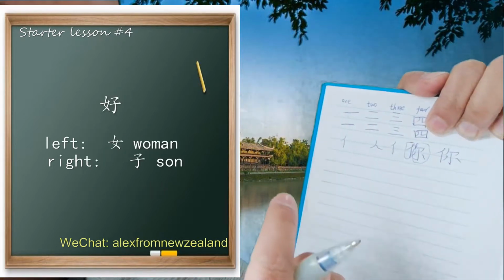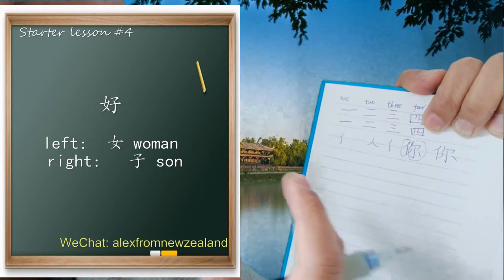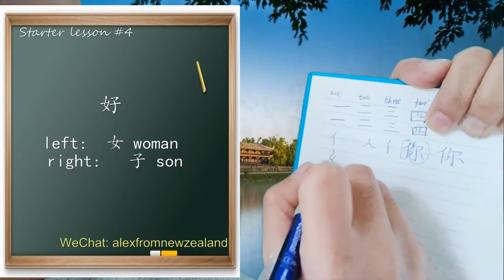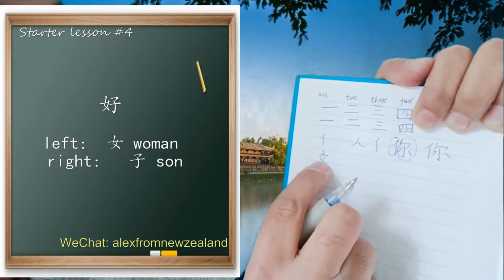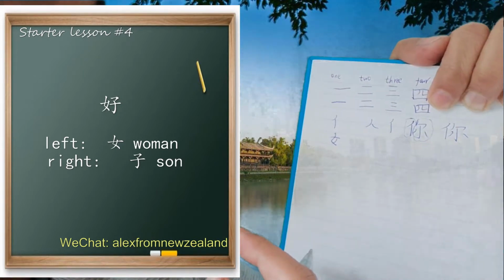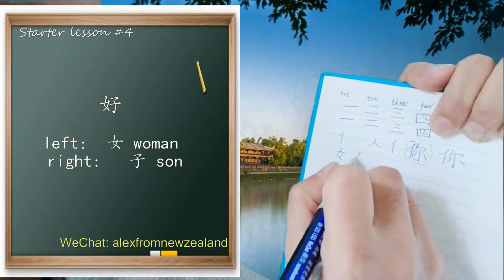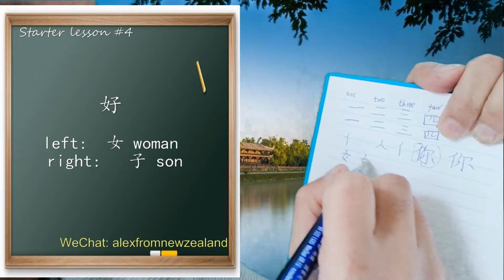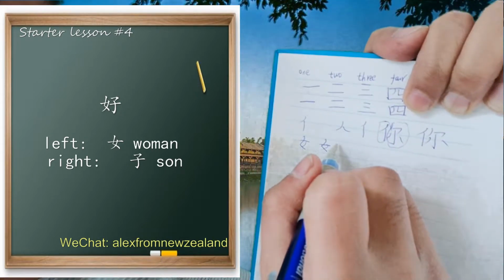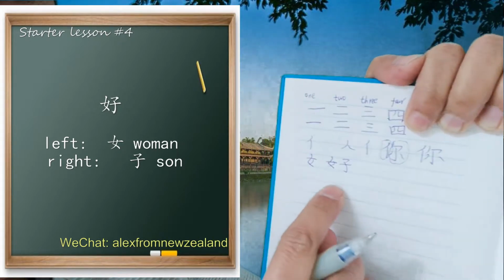Okay, next one, 好. 好 is also a character which is a left-right structure. Okay. The left part is 女. Okay, 女 means female. Lady, girl, it's female, like this. 1, 2, 3, 3 strokes. The right component, 1, 2, 3.